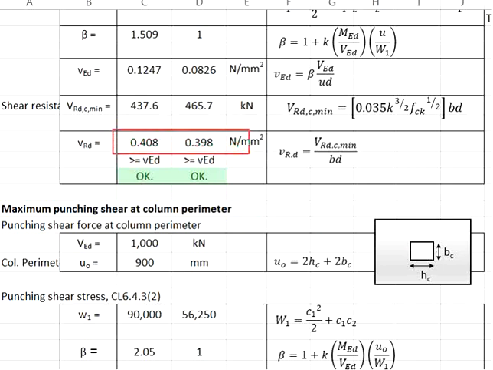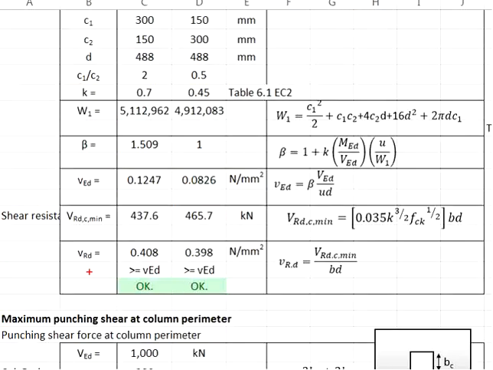This resistance is later checked against the shear stress. The resistance should be greater than the shear stress. Therefore, we know that the punching shear resistance is adequate. In the case that your shear resistance is less than the shear load here, that means the pad footing would have failed due to the punching shear.